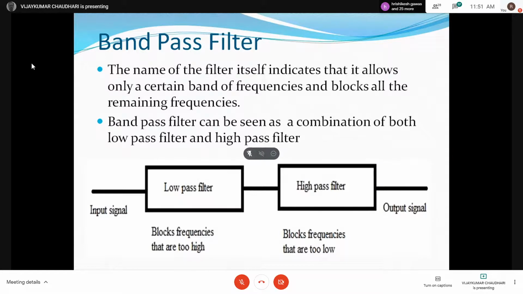A band pass filter can be said to be a combination of both low pass and high pass filter. Input signal, low pass and high pass. So it will pass some low frequencies, this will pass some high frequencies, and the range of frequencies between high pass and low pass will give you the band of frequencies.